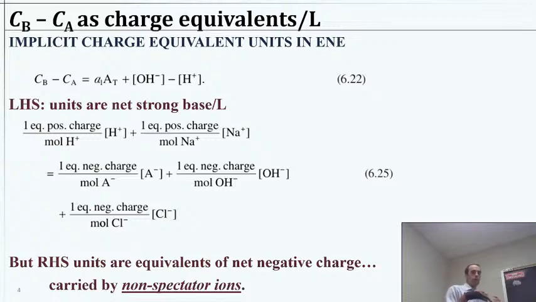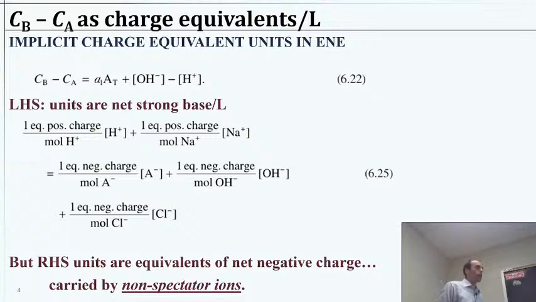So we could sort it out and say, these are technically just net equivalent charges per liter, or charge equivalents per liter. All of that can sort out to make sense for the left side.